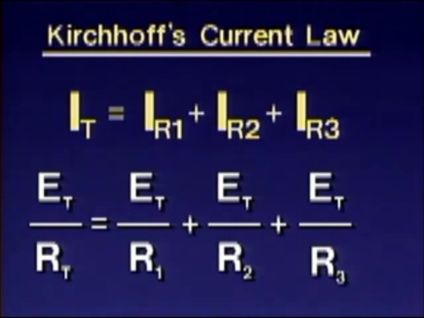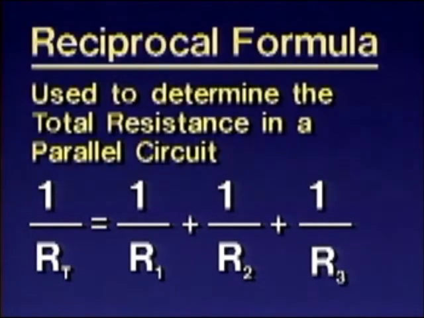Finally, because ET is constant throughout the equation, you can substitute a 1 for each ET. Now you have 1 divided by RT equals 1 divided by R1 plus 1 divided by R2 plus 1 divided by R3. This is the reciprocal formula. It's the standard equation used to determine the total resistance in a parallel circuit.